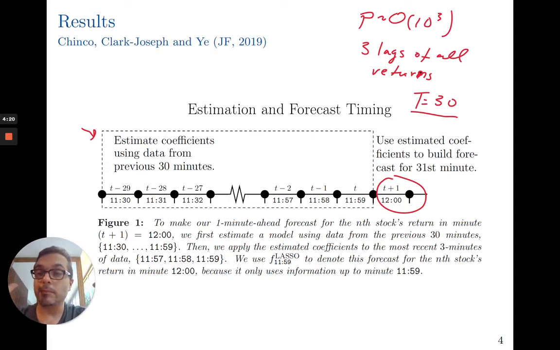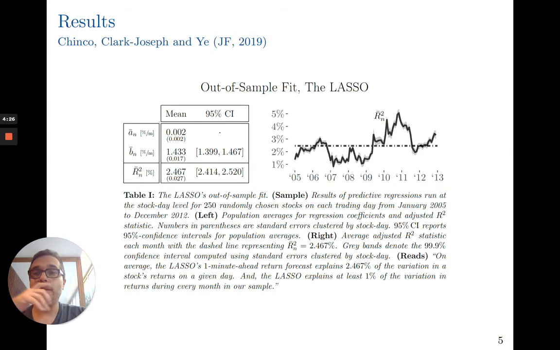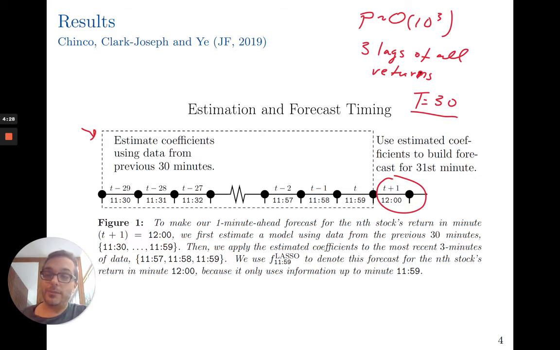So many more covariates than observations. Okay? They are going to do it with Lasso, and in their paper they are selecting the penalty parameter of the Lasso using cross-validation.